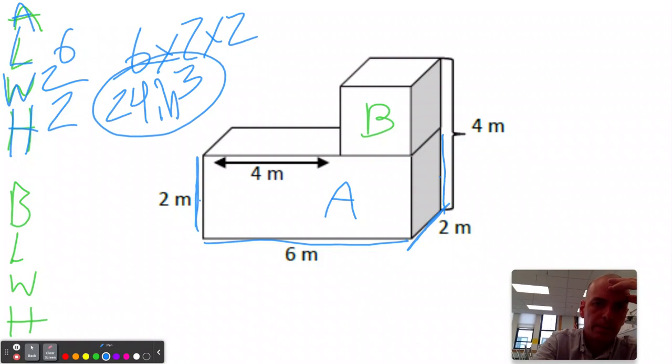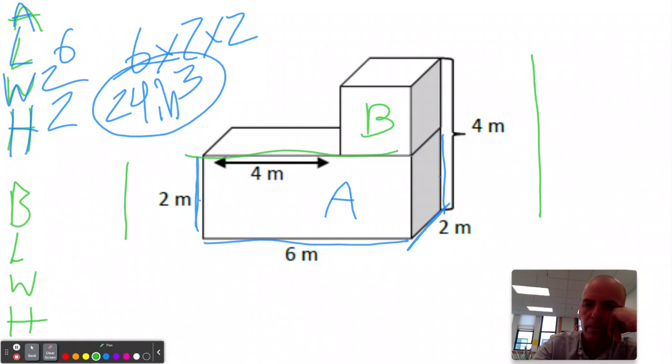Okay. For B, what do we have? Well, it kind of looks like a cube, right? So let's think here. This whole thing is 4. And this part is 2. So does that mean this is half of 4? Would you say that's true? I think so. So maybe that's 4. That's 2.